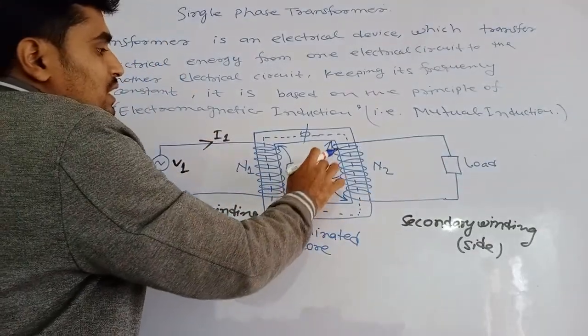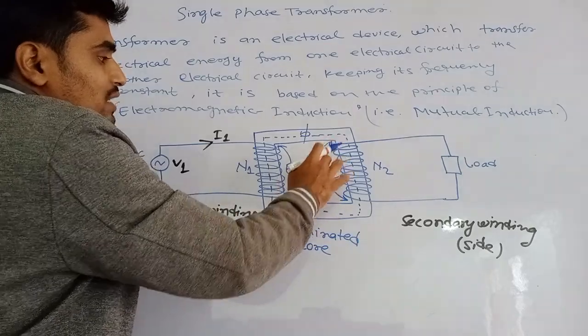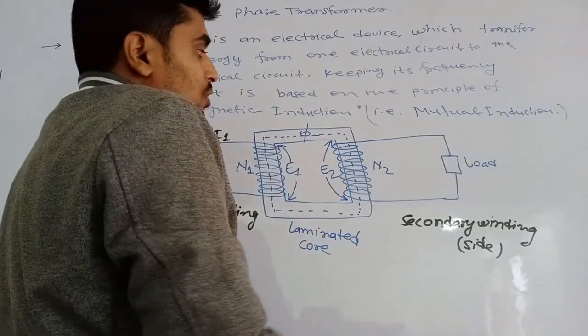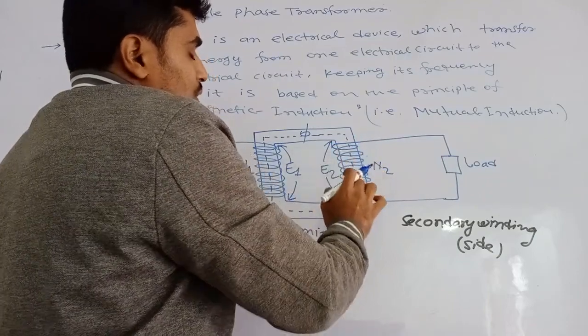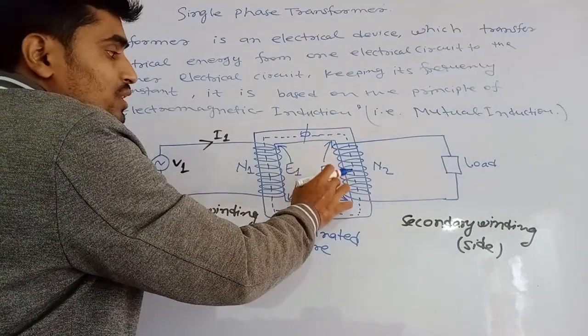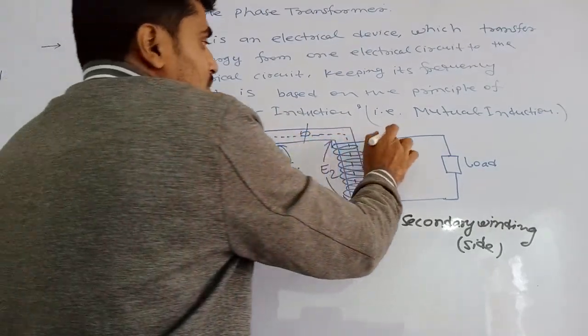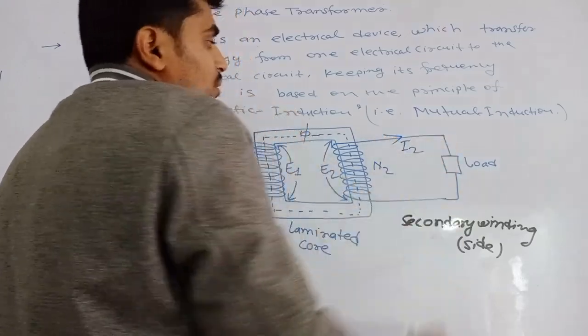So E2 is the secondary EMF or secondary voltage developed by this coil of winding. If the EMF is produced, then current will be developed in the secondary winding.